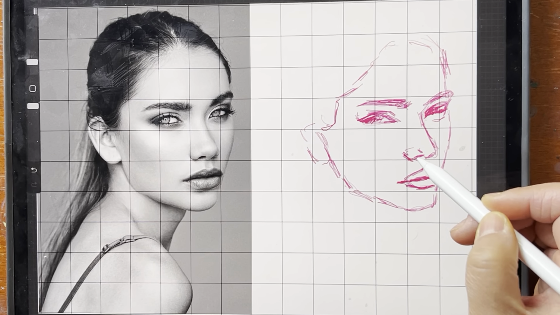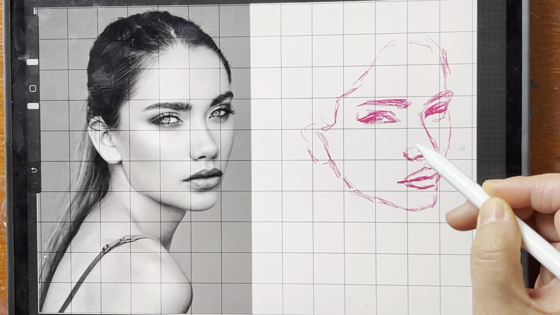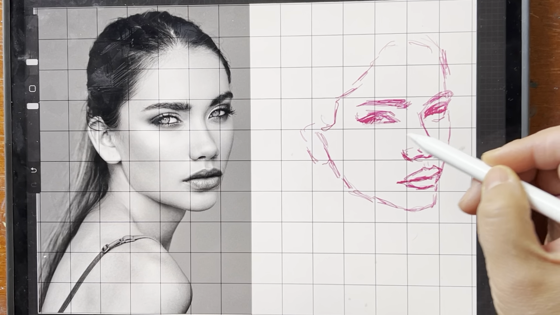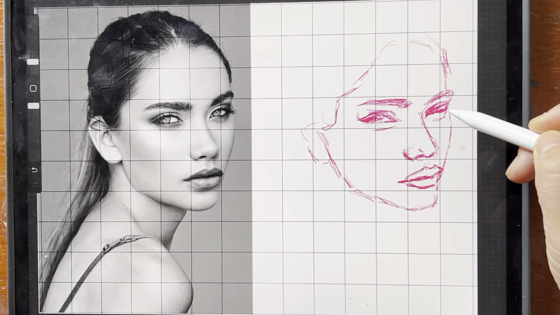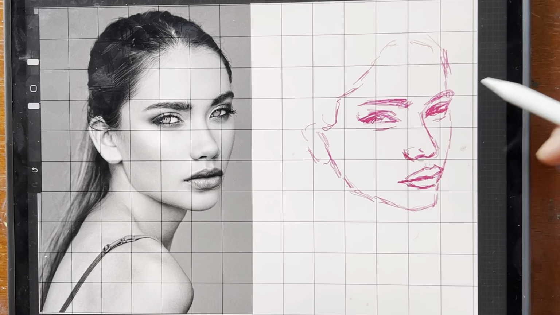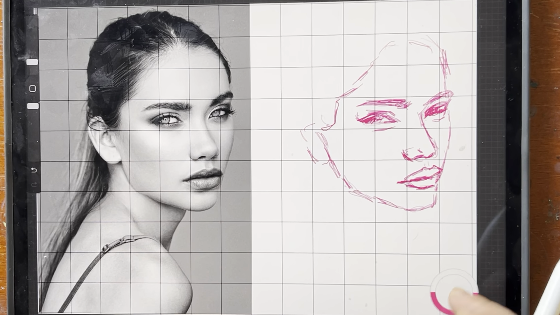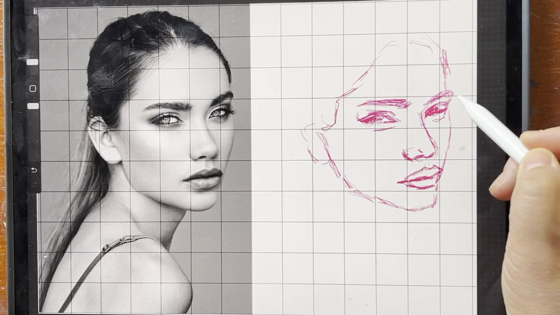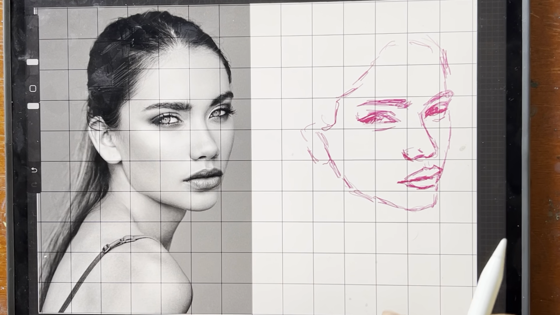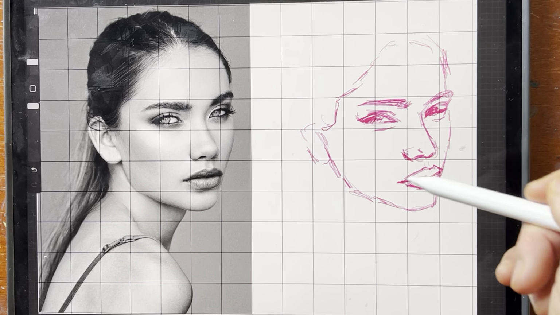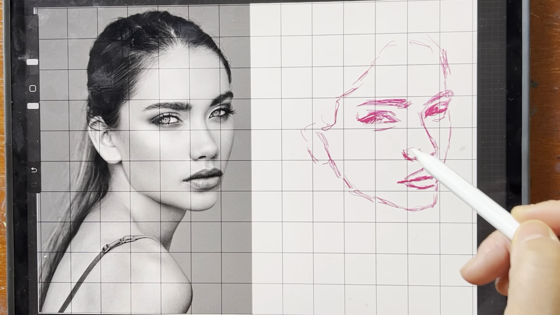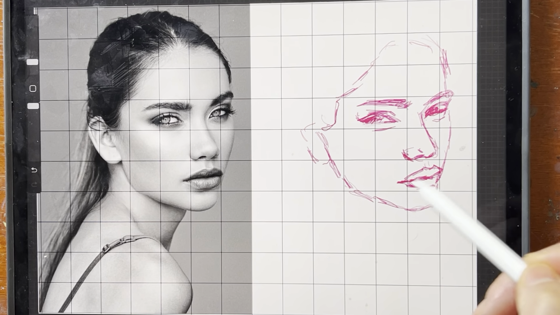So I never use a grid, like I told you. Then I realized I didn't use a grid, but I definitely use kind of the same method to draw, because I constantly compare two things.